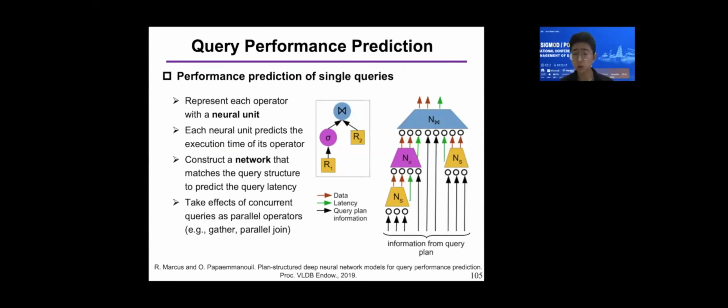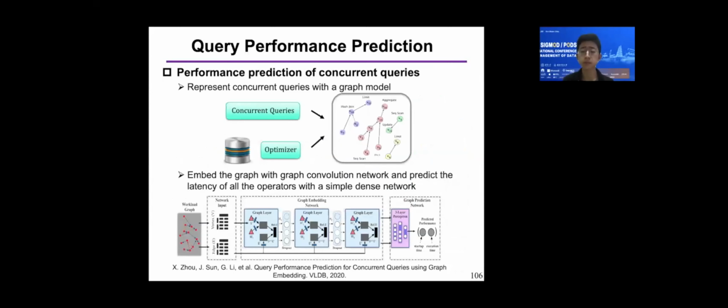However, they just denote the child operators and the parallel plans as tree nodes and cannot capture the operator-to-operator relations like data sharing and conflict features. So Zhou has proposed a performance prediction method with graph embedding.